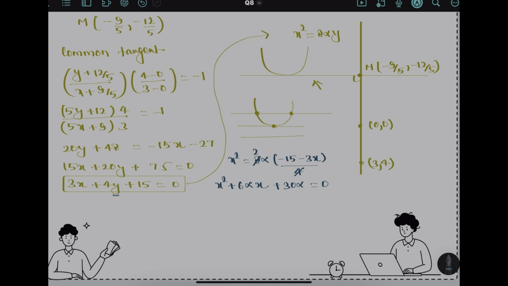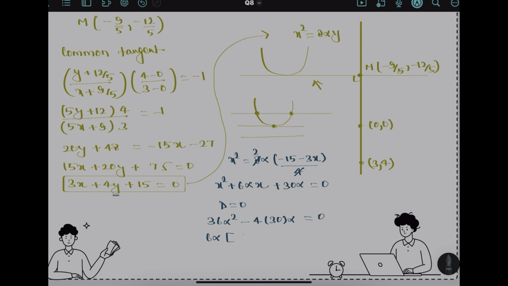Okay. Now you have to make sure it is only one touch. So D should be 0. So it is b square minus 4ac, which is 36 alpha square minus 4 into 30 alpha, should be equal to 0. Okay, I'll take 6 alpha common.